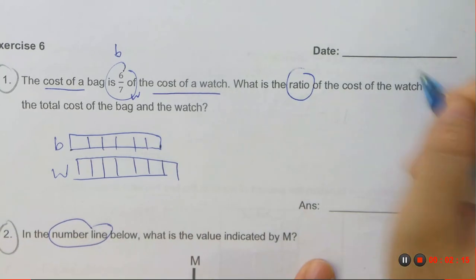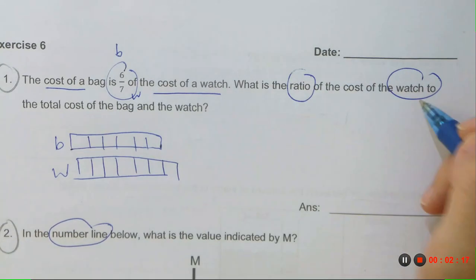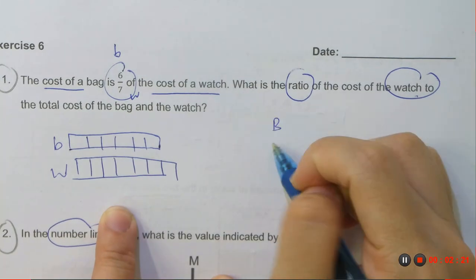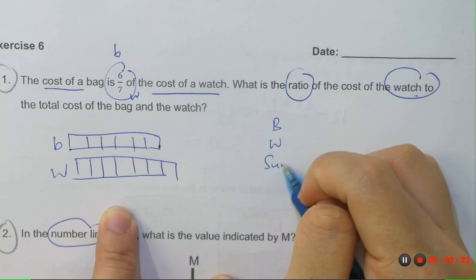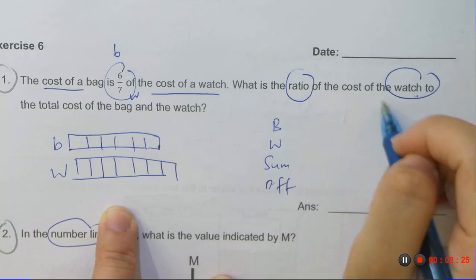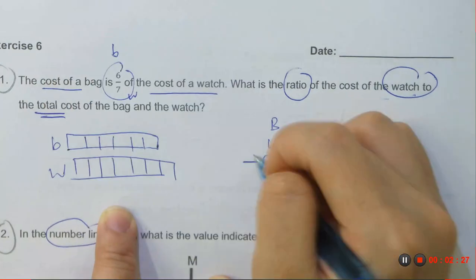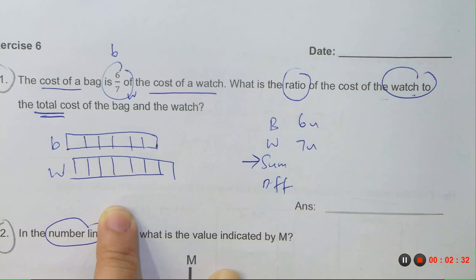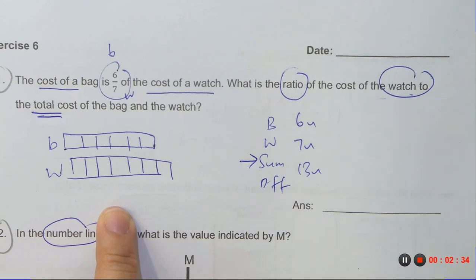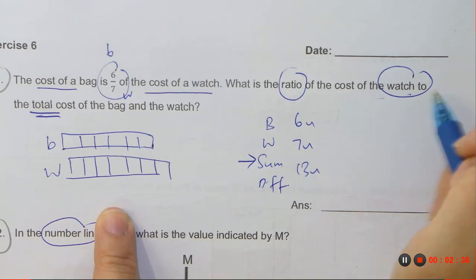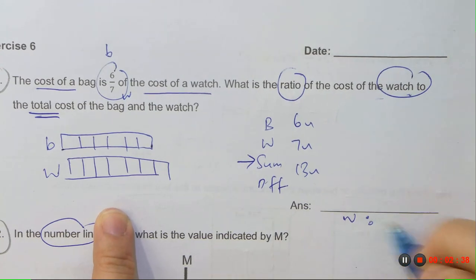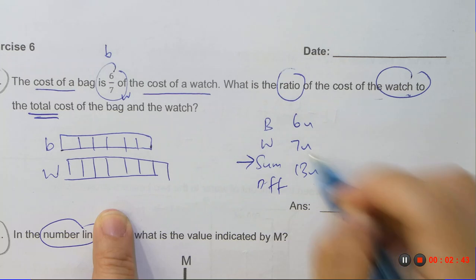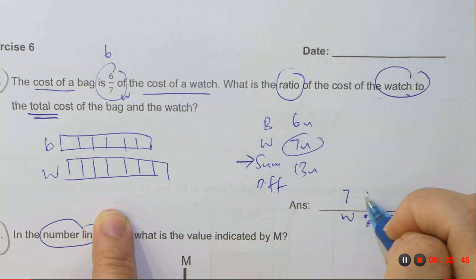The ratio of bag to watch to sum and difference. In this case, we are talking about total, so that's the sum. So 6 units to 7 units to 13 units. You want the watch to the total. That is 7 to 13. Is that okay?